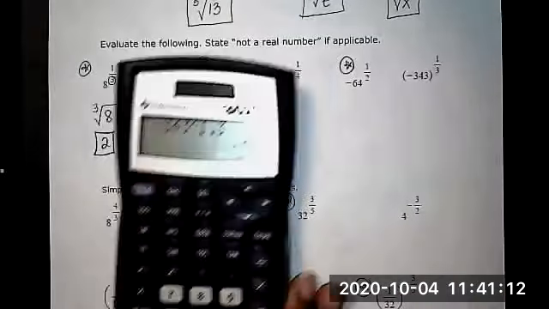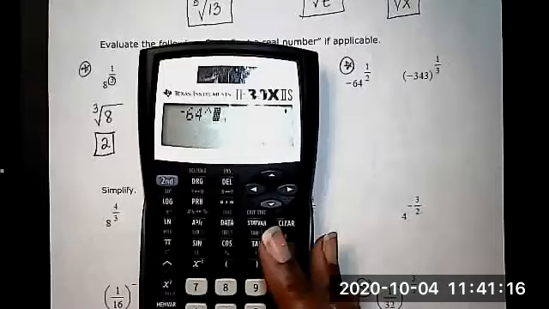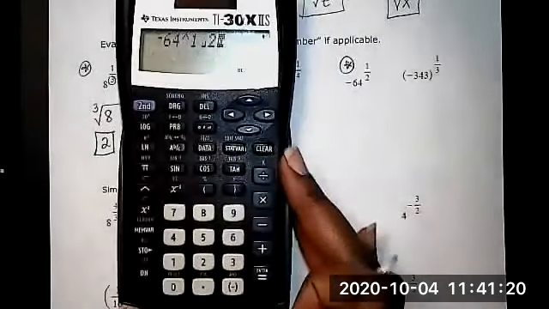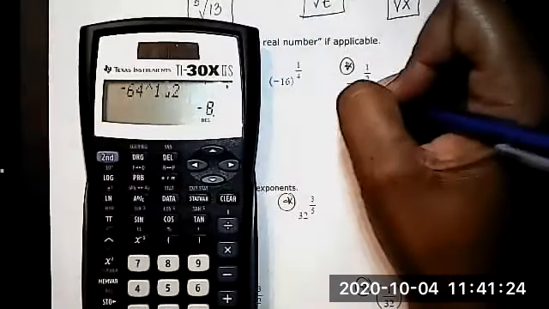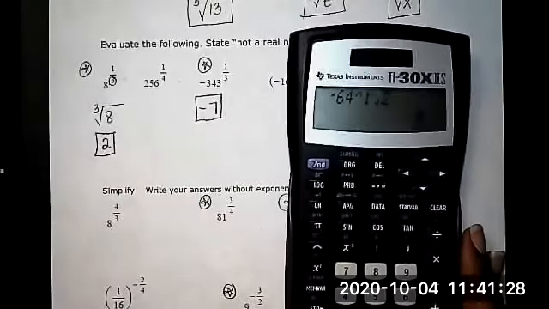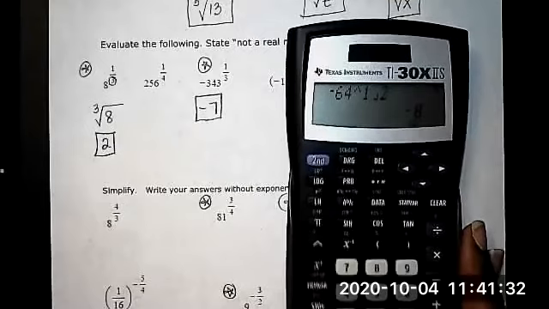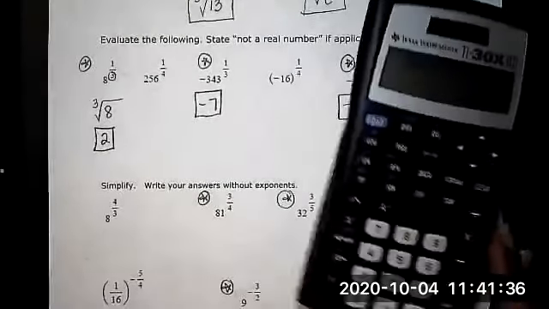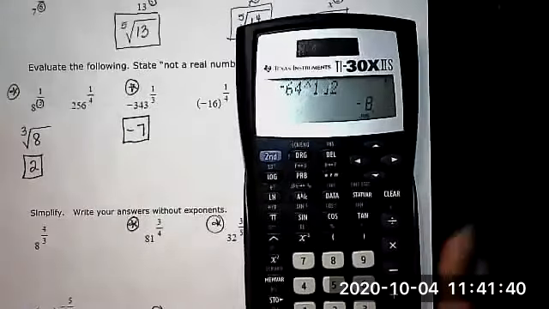All right, let's try this one. -64 raised to the 1/2 power. Push enter. -8. All right, again, pretty simple. If you have this great tool, I feel like it's very necessary.